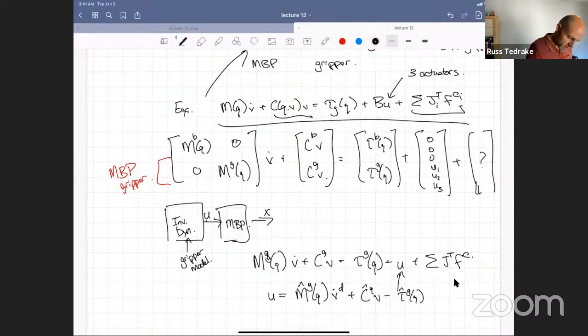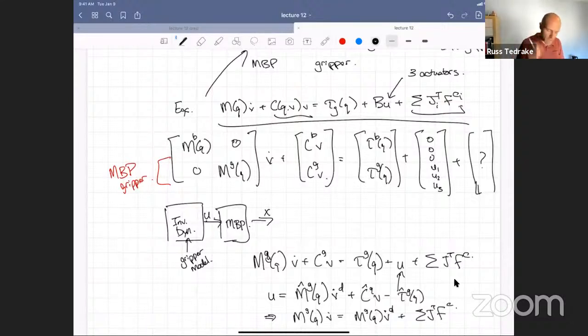Then the resulting dynamics are mg v dot equals, because this term will cancel this term, this term will cancel this term, and this term will cancel this term. It's a gravity compensation, Coriolis compensation controller that results in, let's say those estimates are perfect, plus my contact forces.